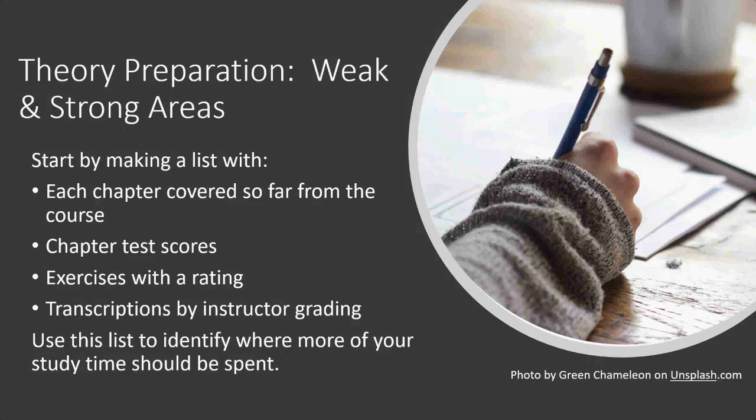So the best place for us to start working on theory study preparation is to go through each chapter that you've covered so far in the course and identify your weak and strong areas. We can get a sense of which chapters were our best and worst subjects by just making a simple list of each chapter covered so far and the chapter test scores from each.